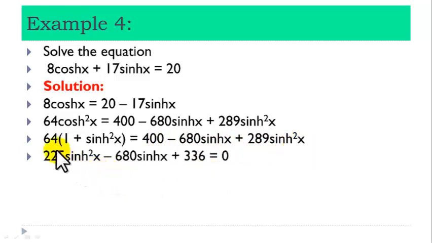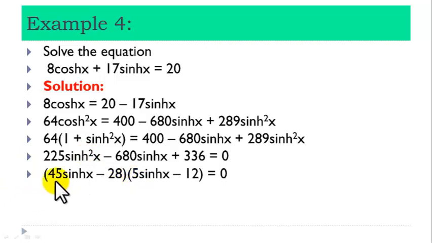This will give us 64 times the bracket; when this bracket is open, we have 64 plus 64 sinh squared x. When you cross everything to the right hand side, we will obtain 289 sinh squared x minus 64 sinh squared x, and that gives us 225 sinh squared x, then minus 680 sinhx. Taking 64 to the right, we'll have 400 minus 64, and that will give us 336, then equal to 0. This is a quadratic equation in sinhx, and we can solve this by factoring.